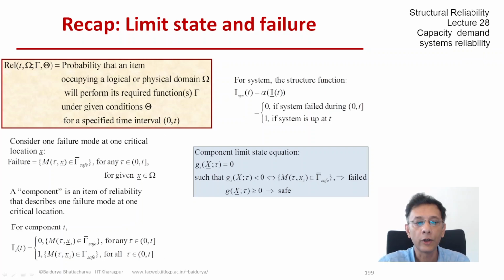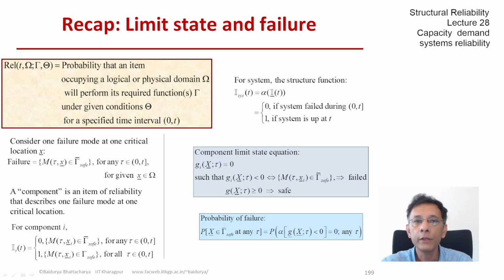If g is non-negative, we have safe or acceptable performance, and the line or hypersurface separating these two regions is the limit state equation. So we express equivalently whether the component is up or down in terms of the sign of the g function, the limit state equation.